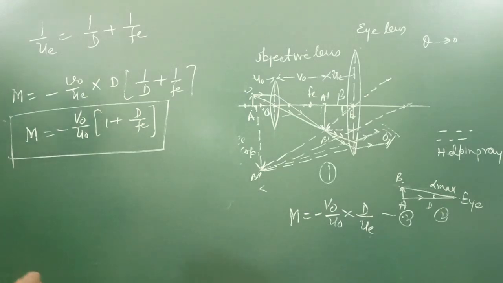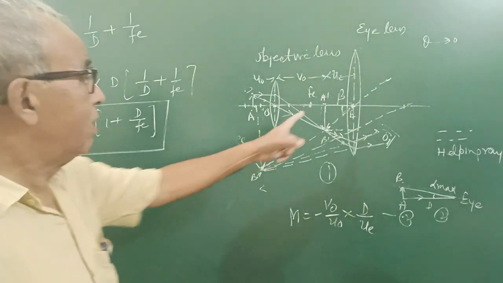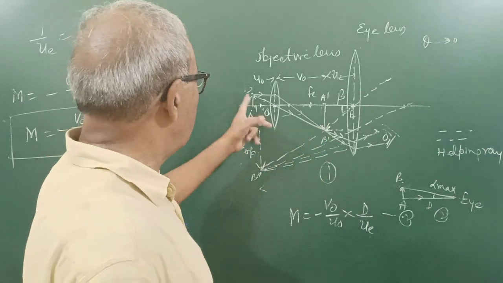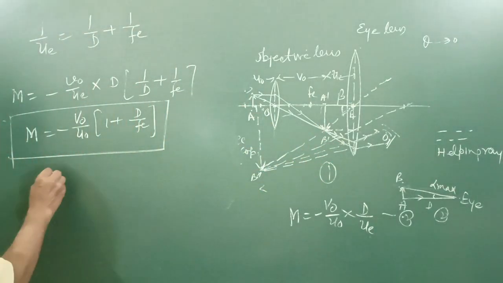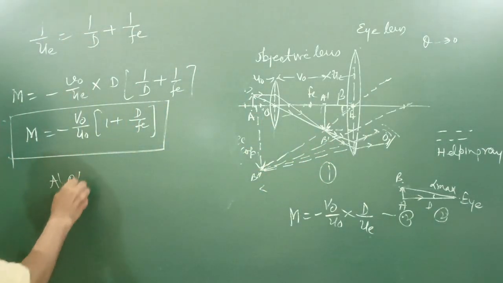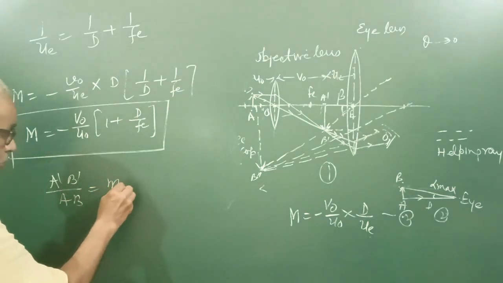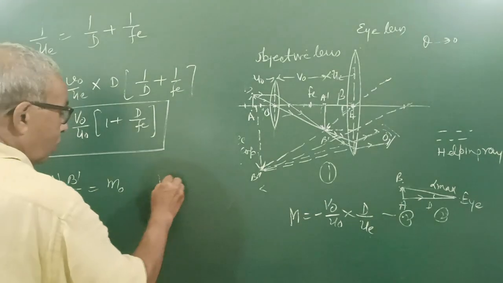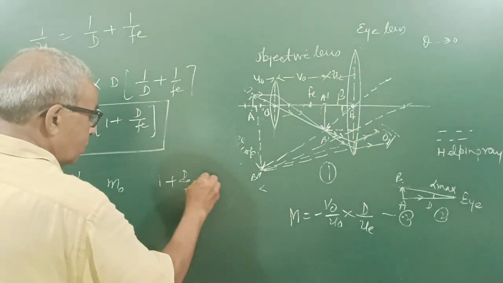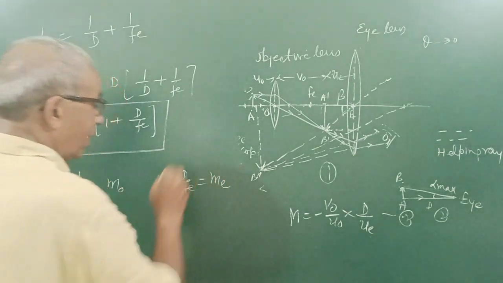Here, dear friend, in one sense, A dash B dash upon AB may be called the magnification produced by the objective lens, and 1 plus D by FE is ME, the linear magnification.